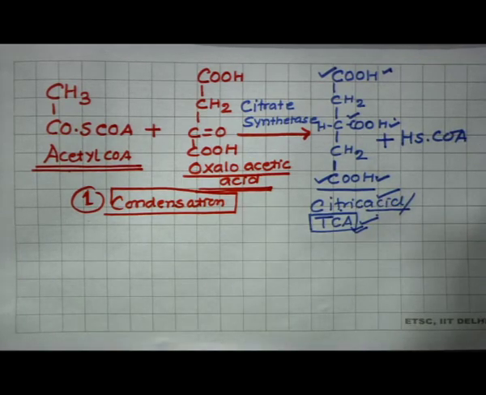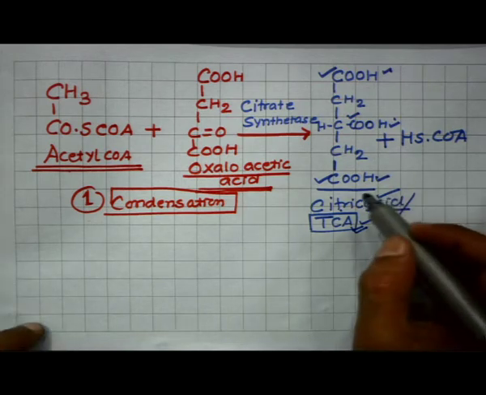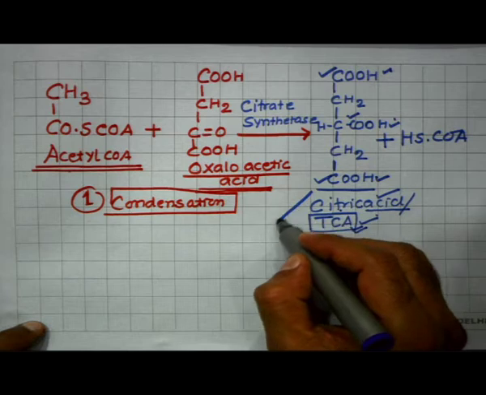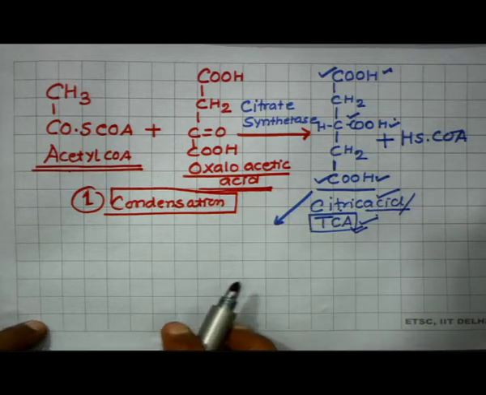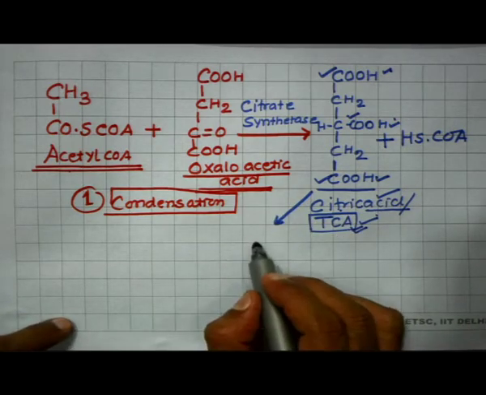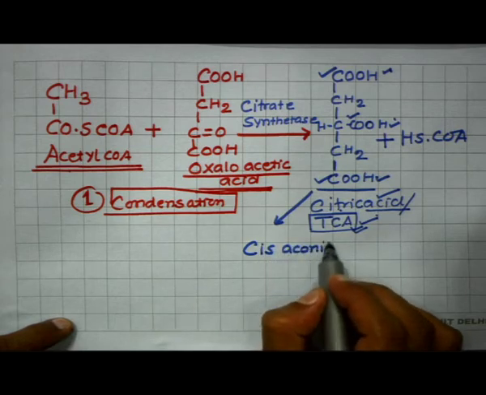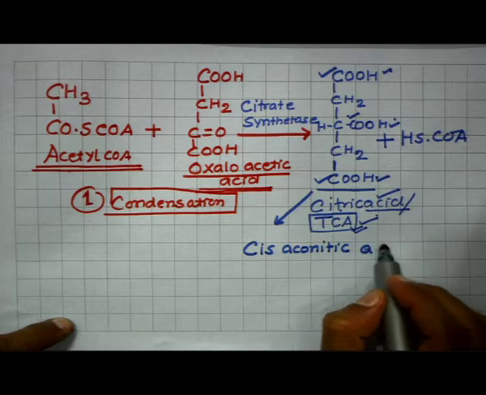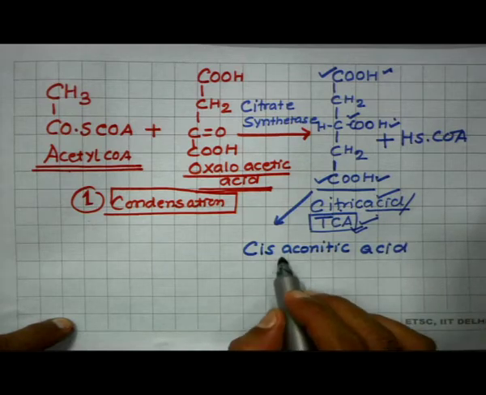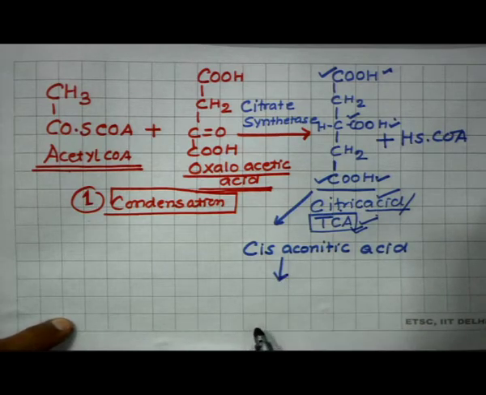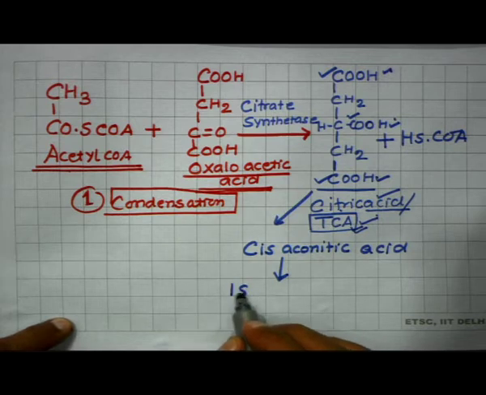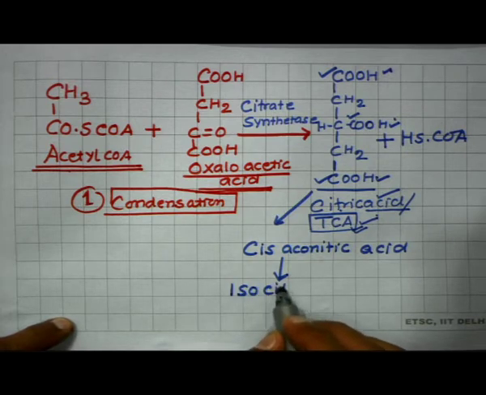Now, the next reaction is isomerization. In isomerization, what happened? This citric acid is converted into cis-aconitic acid, and cis-aconitic acid is again converted into isocitric acid.